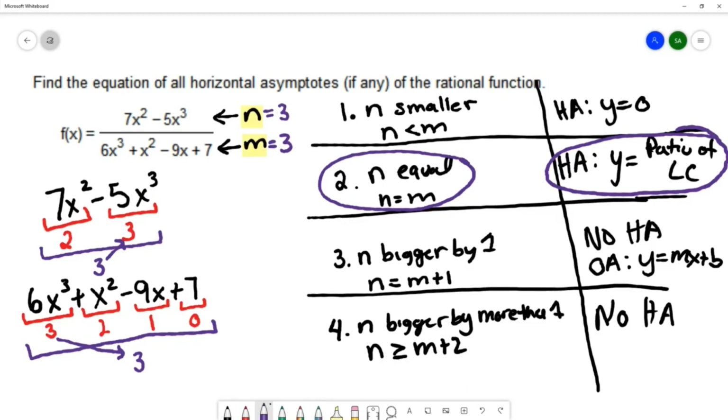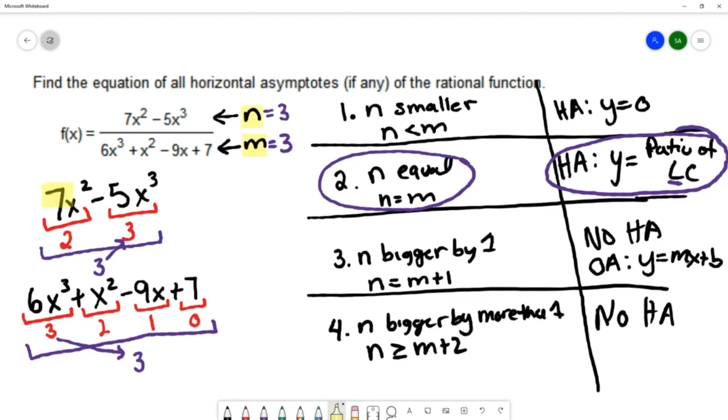Now, that language might be a little bit confusing because it uses the word leading, but leading doesn't actually mean first. Leading is only first when you write your terms in descending order.